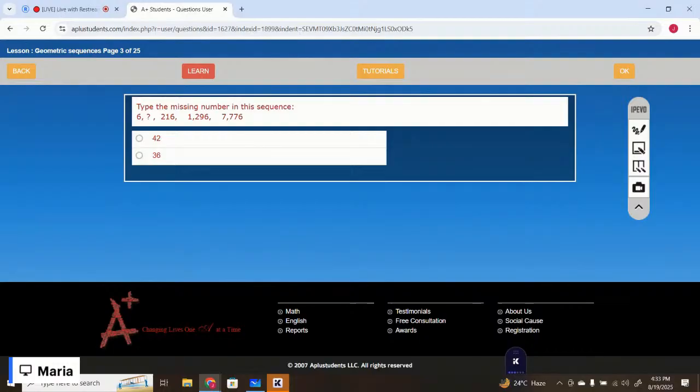Type the missing number in the sequence. That is 36. Option number 2 is the correct option. You are multiplying by 6 every time. 6 times 6 is 36. So the next number is 36.